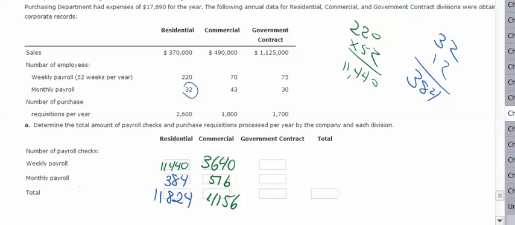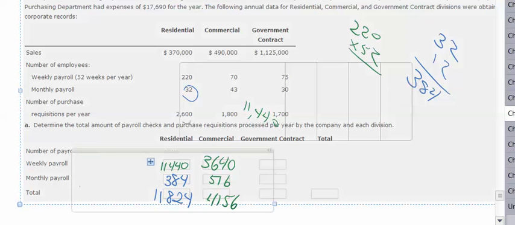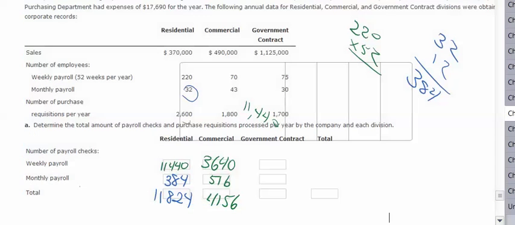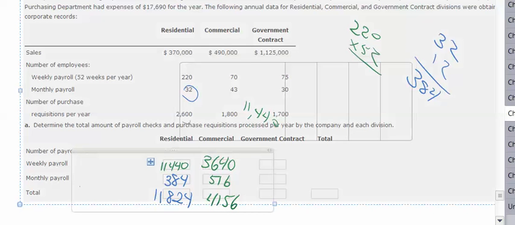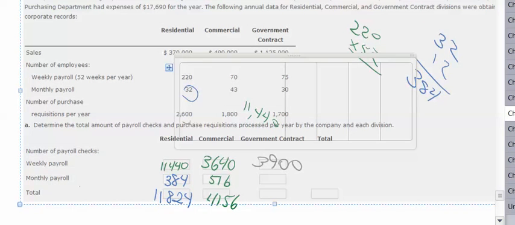For the government contract, we have 75. So 75 times 52 weeks is 3,900. And we have 30 monthly checks.